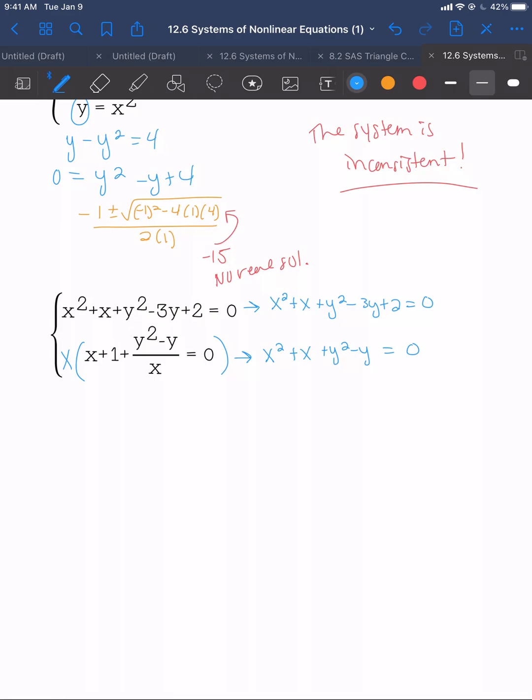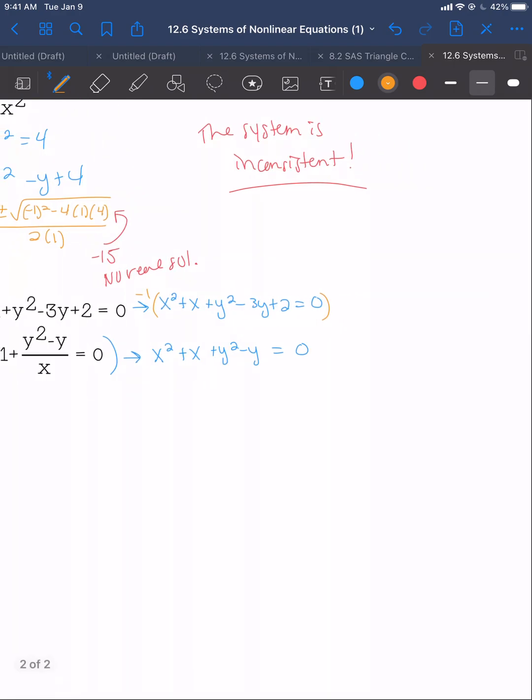I see a lot of common terms here, like there's an x squared, an x, y squared. They're not opposites yet, so let's go ahead and multiply one of those by negative 1. So this would be negative x squared minus x minus y squared plus 3y minus 2 equals 0.